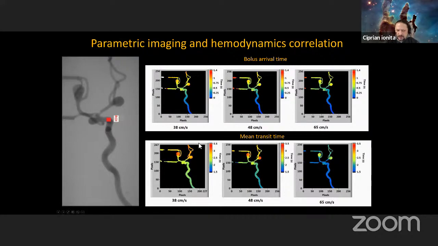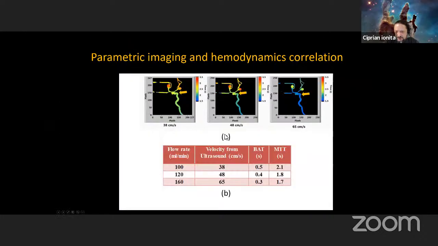We have ultrasound; we can go into our region of interest and measure it. This is all benchtop experiments. Look at this for different flow rates in milliliters per minute or in centimeters per second measured at that area. We see that there is a direct correlation between bolus arrival time and mean transit time. And these are very repeatable.